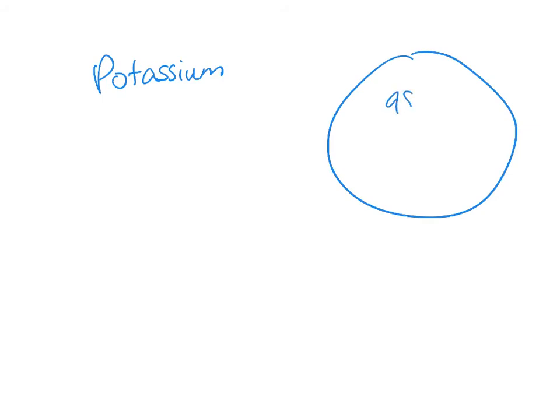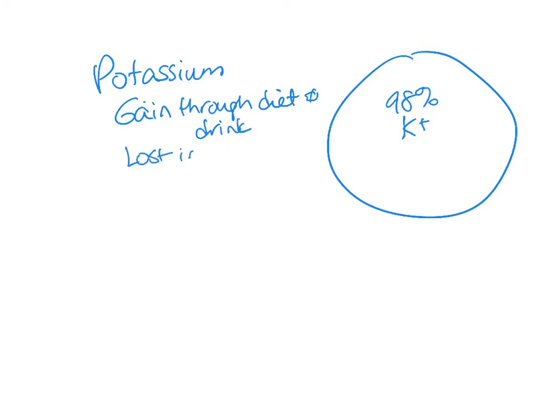98% of potassium is in the intracellular fluid. We gain it through the digestive tract, so we gain it through diet and drink. And then it's lost in the urine. Potassium is very important. It functions to help regulate fluid balance.